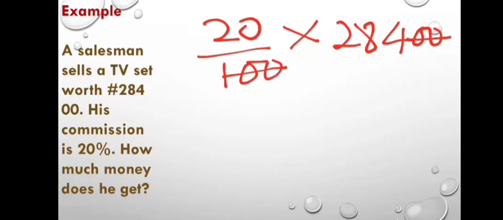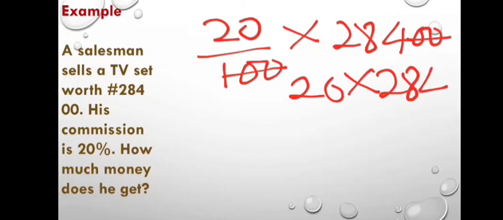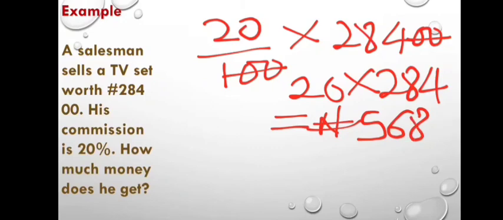So what we have here is easy. We have 20 times 284. 20 times 284 gives us 5,680.